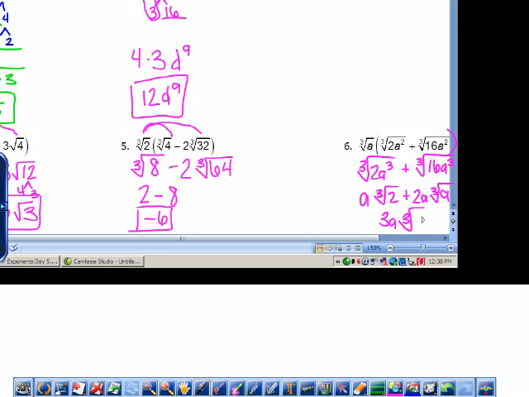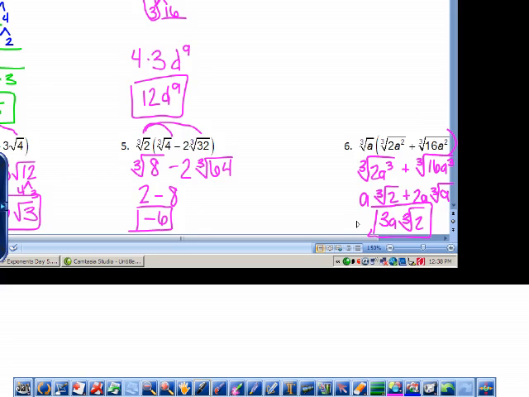All right, so you should have ended up with 3a times the cube root of 2. Any questions about that? Yes? What's your question? Where does the a go in the second part of the equation?